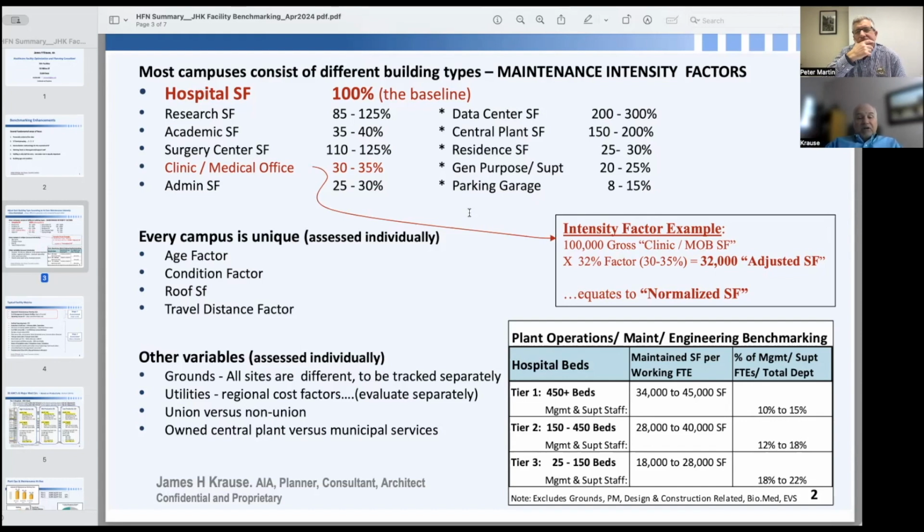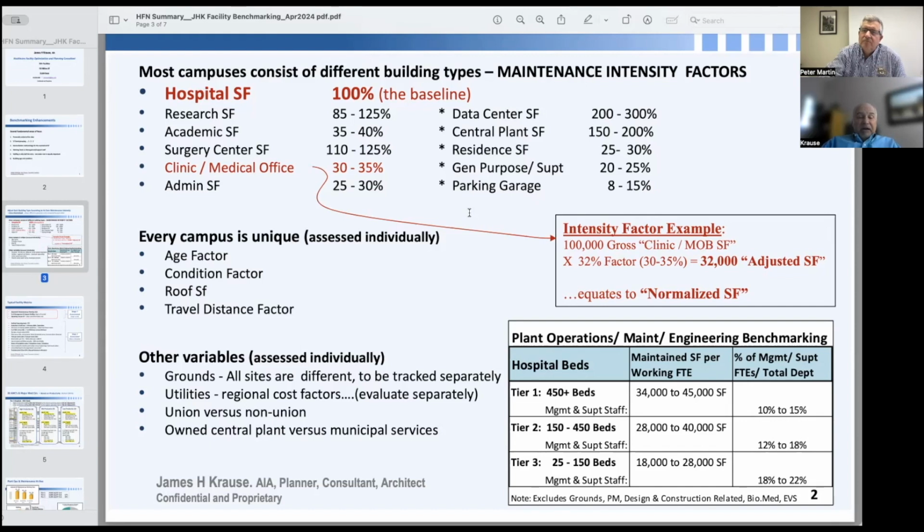So if we get above our zone between what's normal roof and what's extensive roof square footage, then I've got a factor that allows us to adjust for that, as well as the condition factor and the age factor. So there's a way to organize what that staffing impact would be.